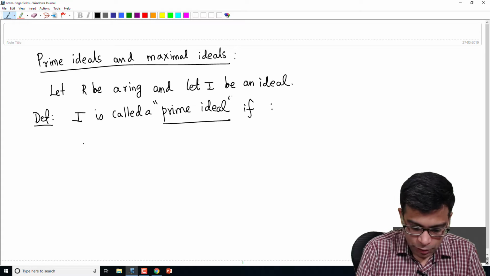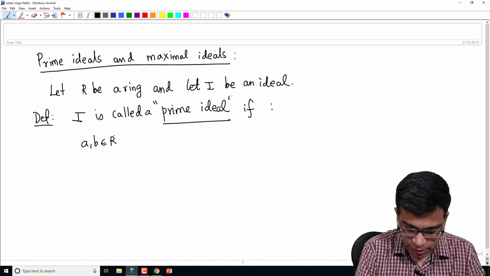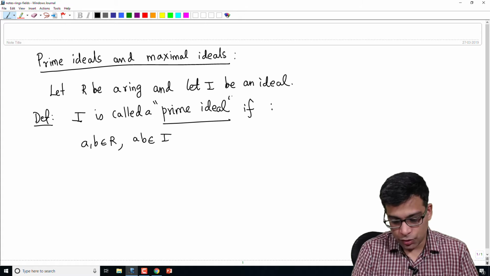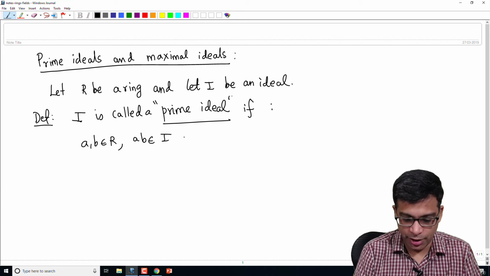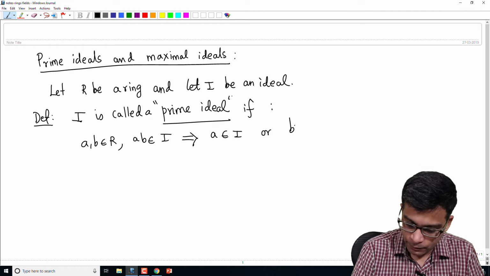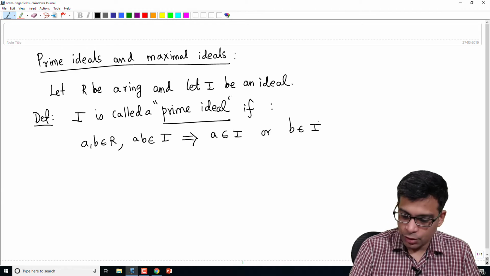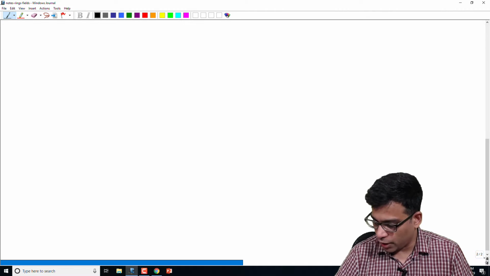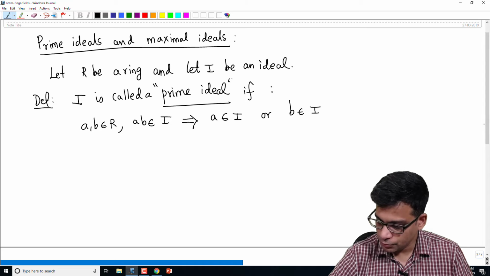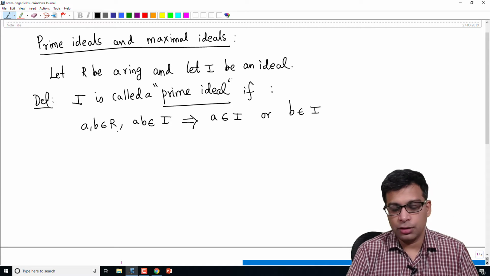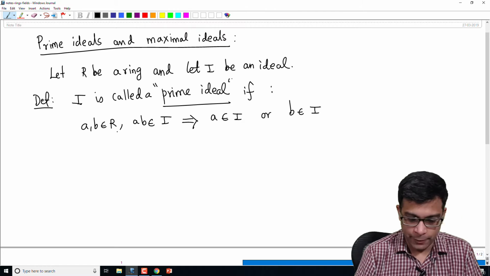If A and B are ring elements such that A B, the product, is in I. Okay, so when I write A times B, I just write A next to B. This implies either A is in I or B is in I. Okay, so what am I asking? I am asking that if a product of two ring elements is in the ideal, then one of the ring elements is in the ideal.